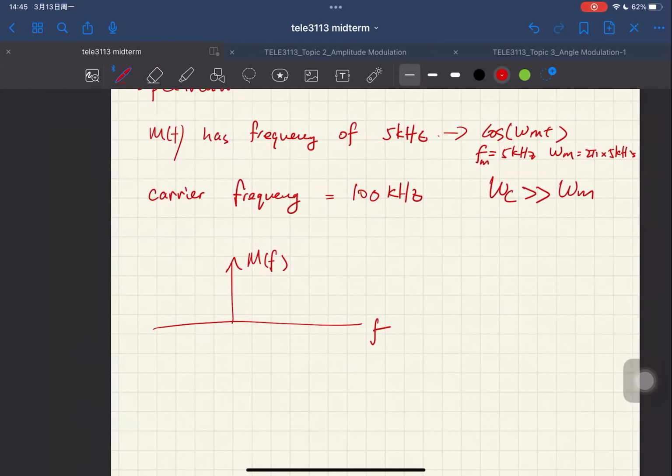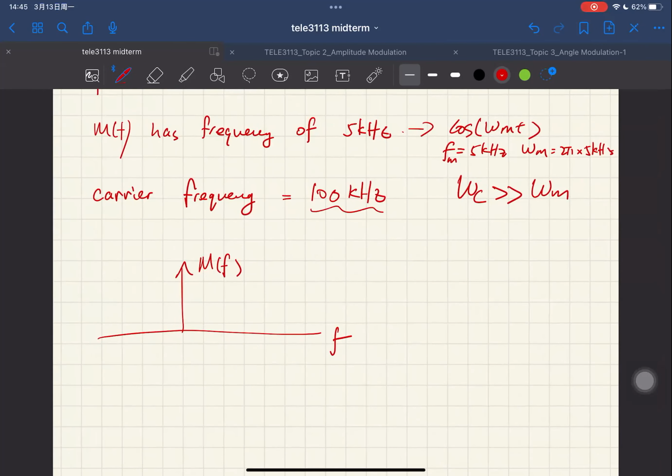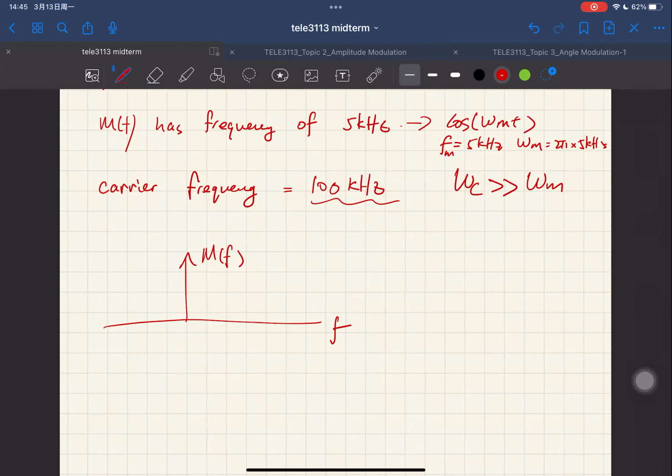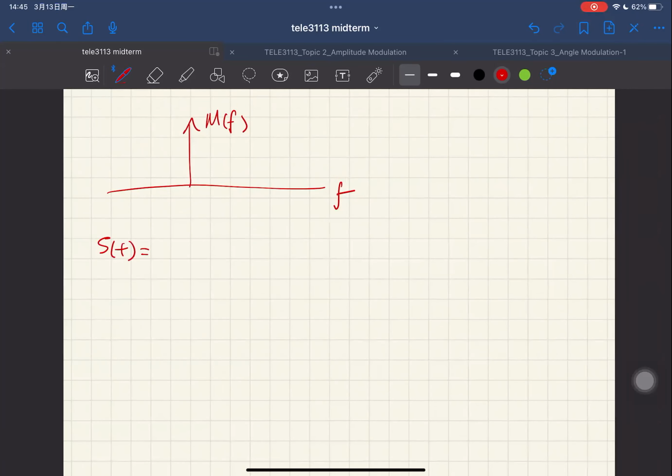Your carrier frequency is 100 kHz. And if you look at your s(t), it is equal to A_c times (1 plus cos omega_m t) times cos omega_c t.